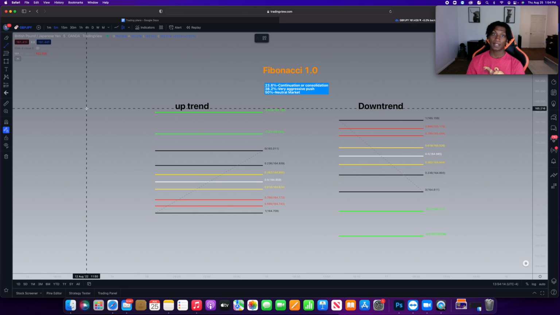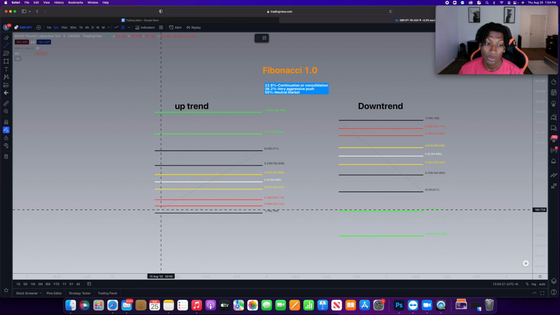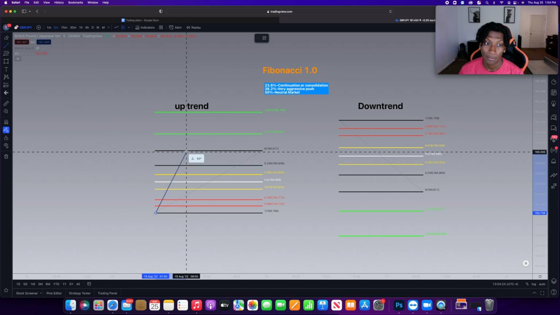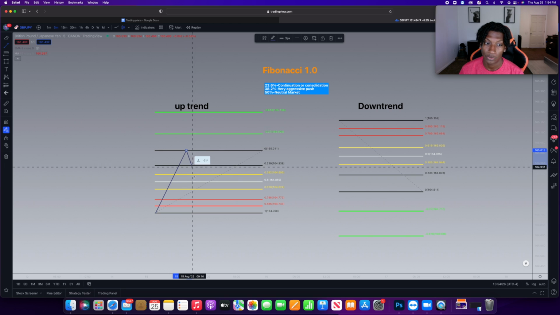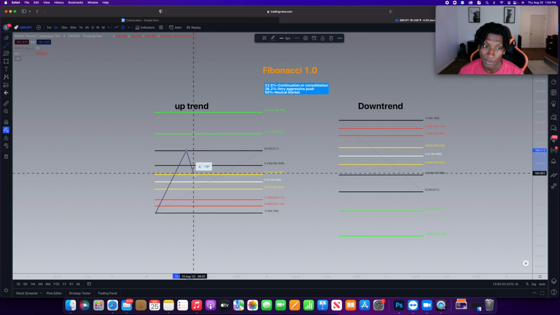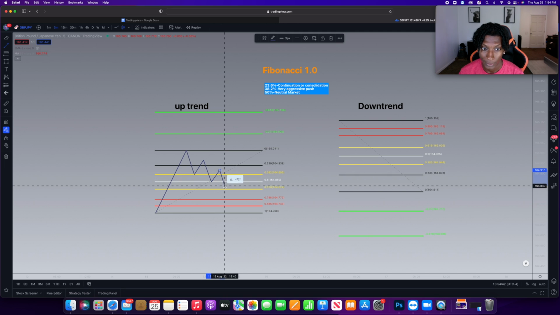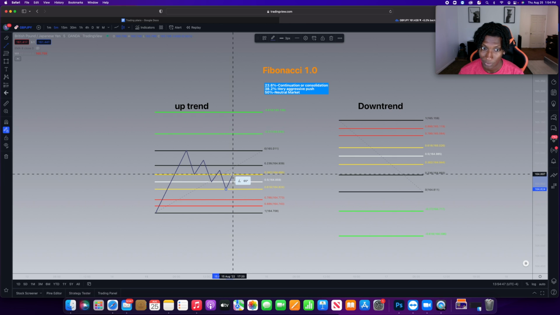Okay, so now let's go over the 61.8% price reversal zone. So this price reversal zone is the second most aggressive zone where price can retrace to. So typically when we're on a 61.8% retracement, more than likely you're going to see some type of price action where price is making new lower highs on the overall uptrend, until price does come down to the 61.8%.